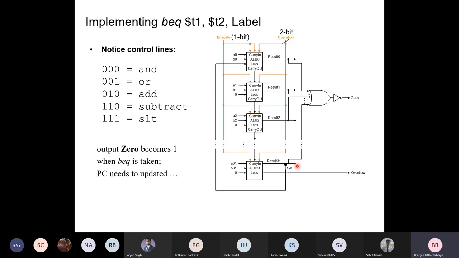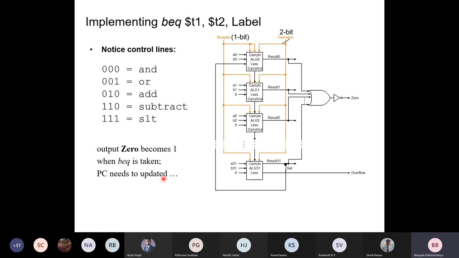The difference will be 0. And the PC, of course, needs to be updated because you need to jump to this label value. So the content of the PC needs to be updated accordingly, so that instead of going to the next instruction in sequence, it moves to the instruction pointed to by this label value. That we'll see how it can be done later.